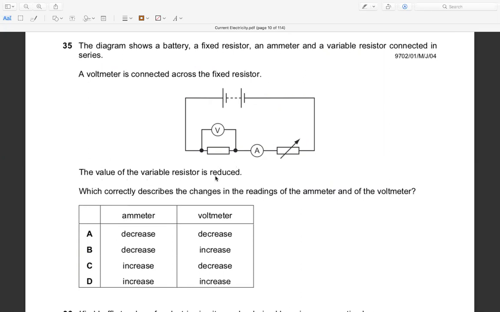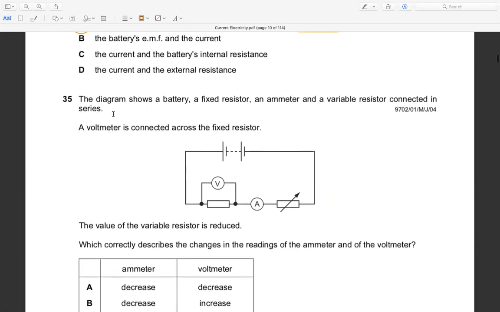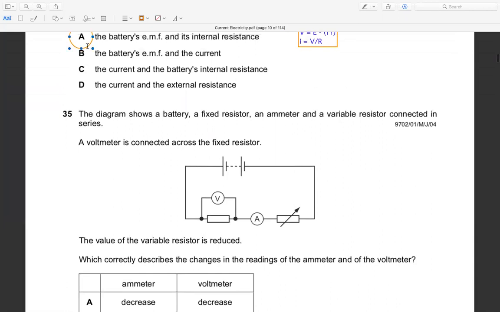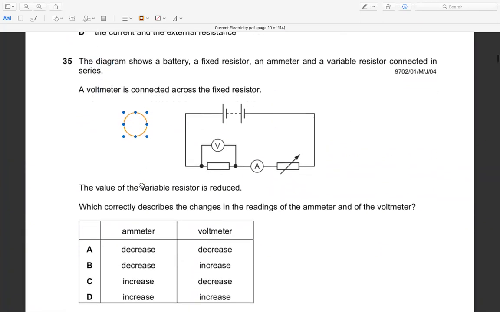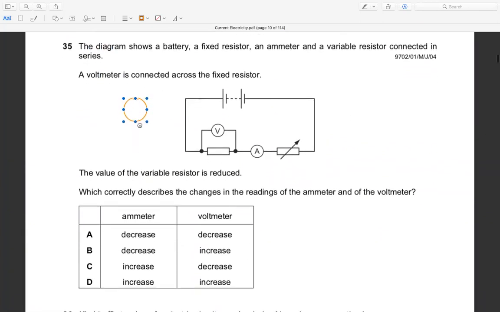Nah, ini reduce ya. Reduce itu diperkecil, maka yang terjadi itu pengurangan juga in volt, also in ampere. You see this reduce, pengurangan.